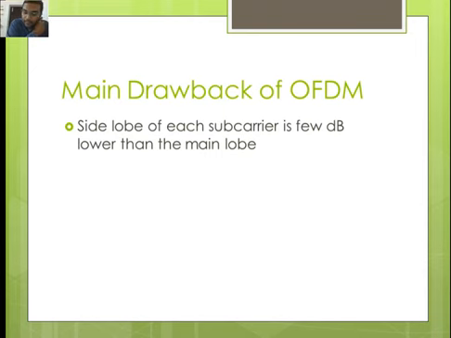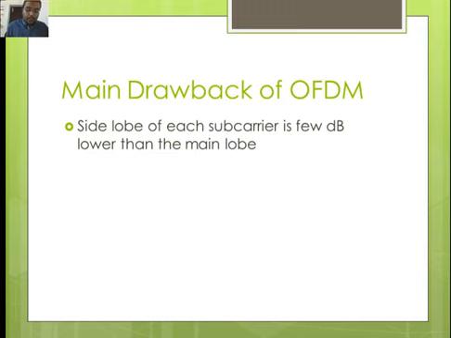It may not be apparent at first, but an OFDM transceiver uses rectangular windowing functions to transmit or receive an OFDM signal. So we'll slowly develop on this and see how this windowing function comes into the picture.